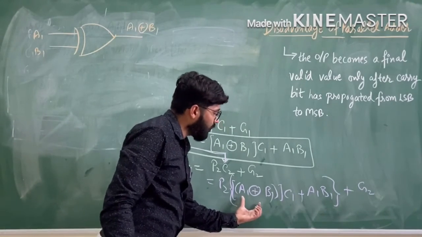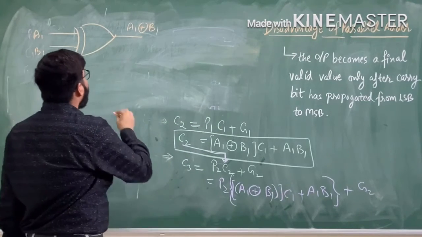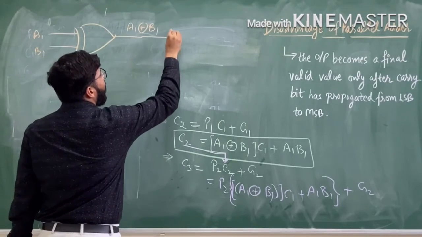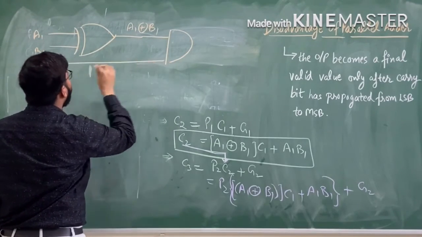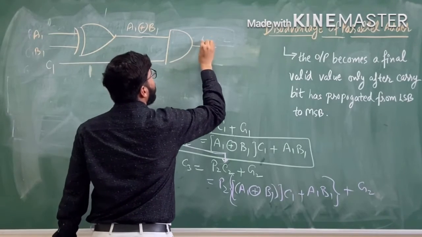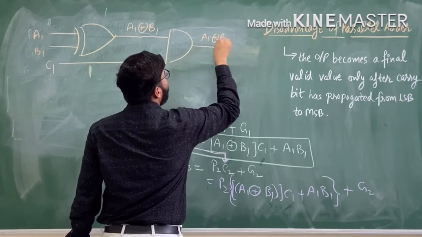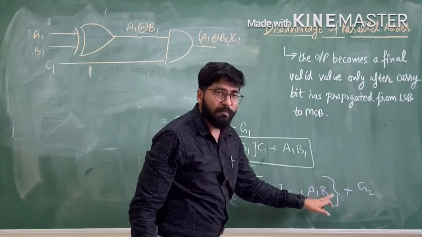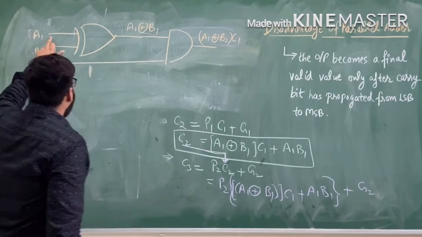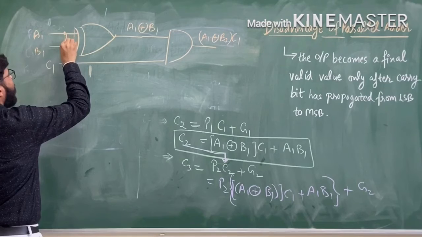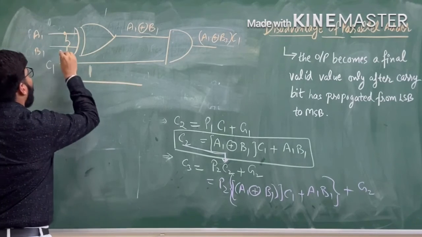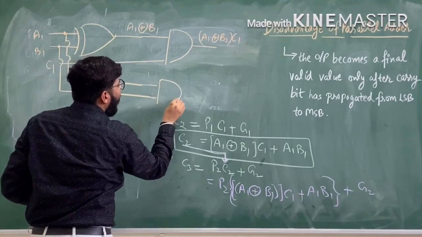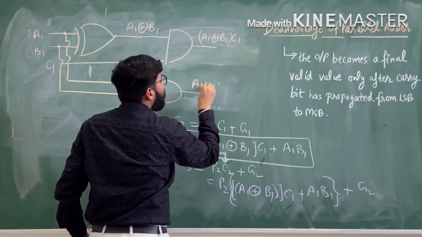Now this A1 XOR B1 is multiplied with C1, so you have to use an AND gate and provide C1 from here. You will get A1 XOR B1 multiplied with C1. Now you can see A1 B1 is also a term, so you take A1 and B1 from here and use an AND gate. You will get A1 B1.